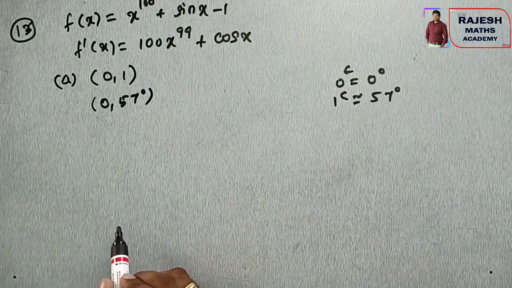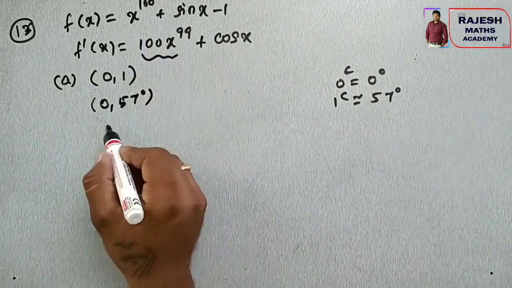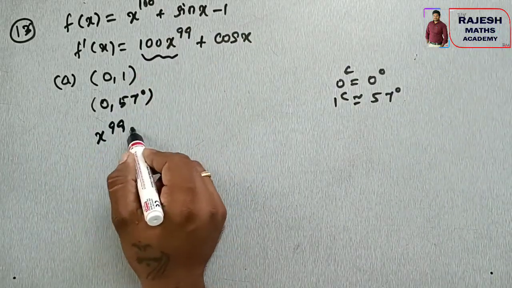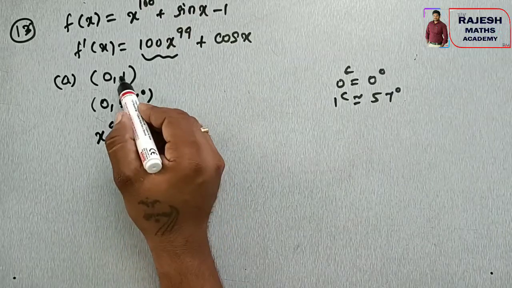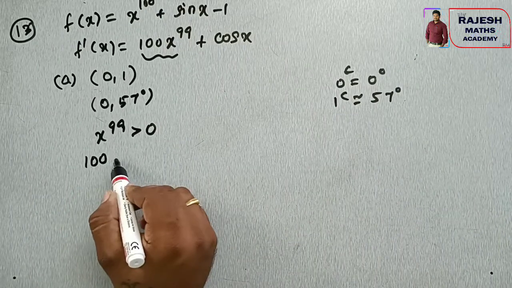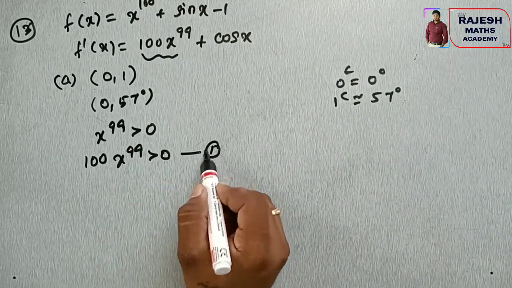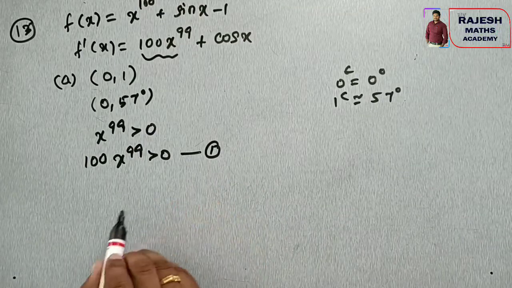Clearly x power 99 is greater than 0 for all values from 0 to 1. So multiplying by 100 both sides, 100 into x power 99 is greater than 0. We can keep it as inequality number 1.